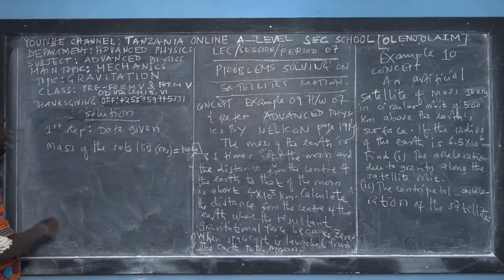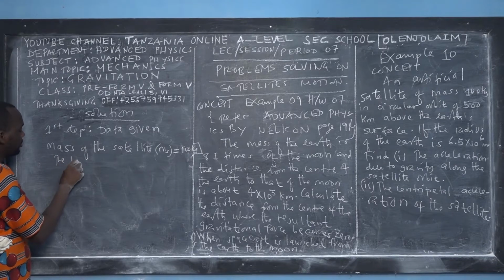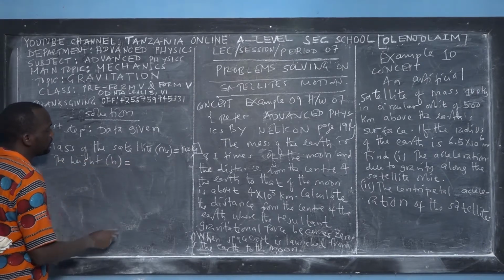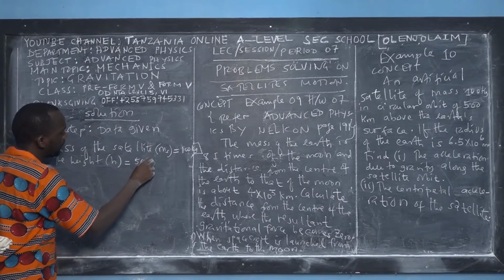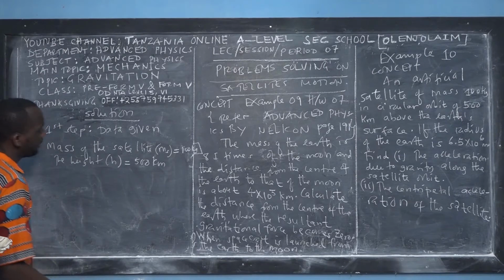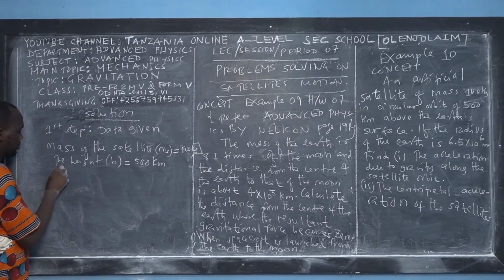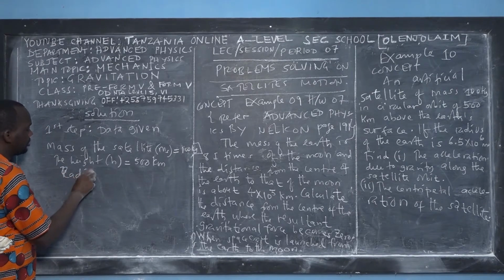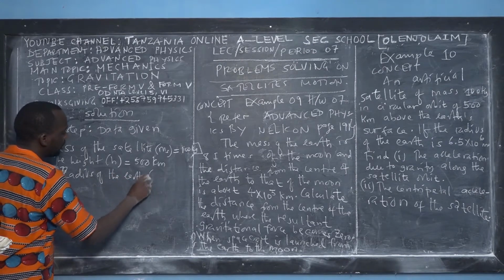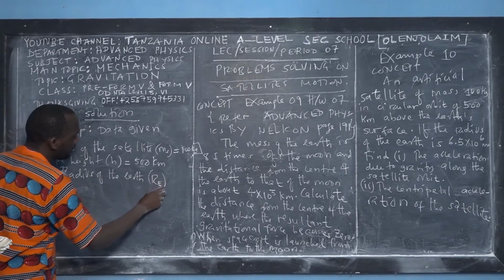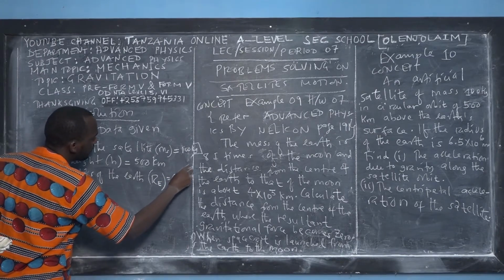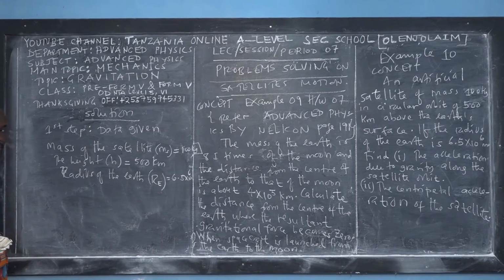Then the height h of the satellite from the Earth's surface is 500 kilometers. And then the radius of the Earth, RE, is equal to 6.5 exponent 6 meters.